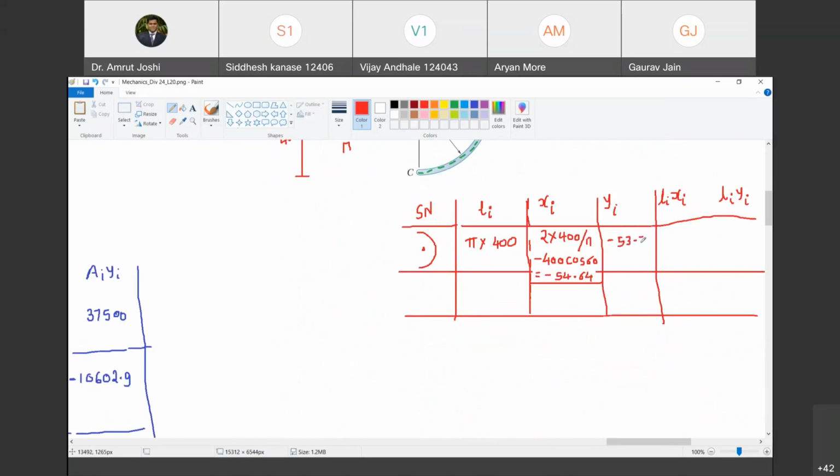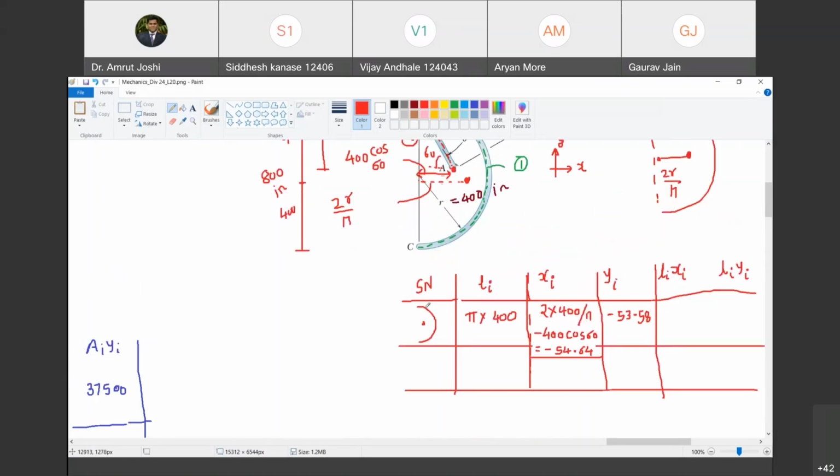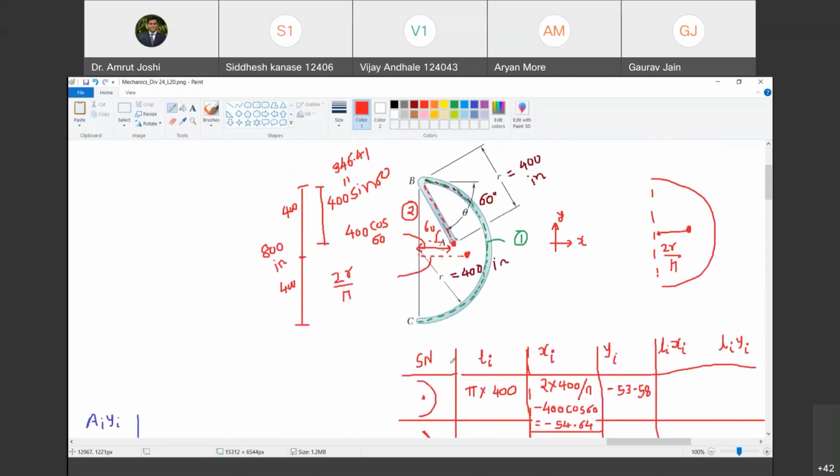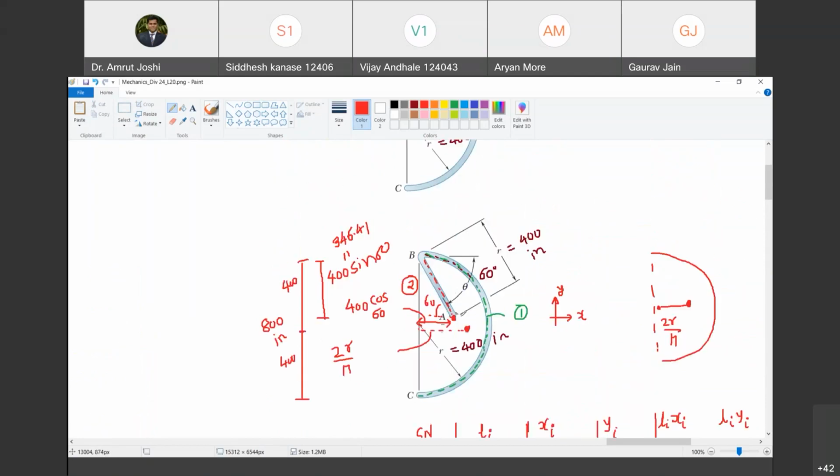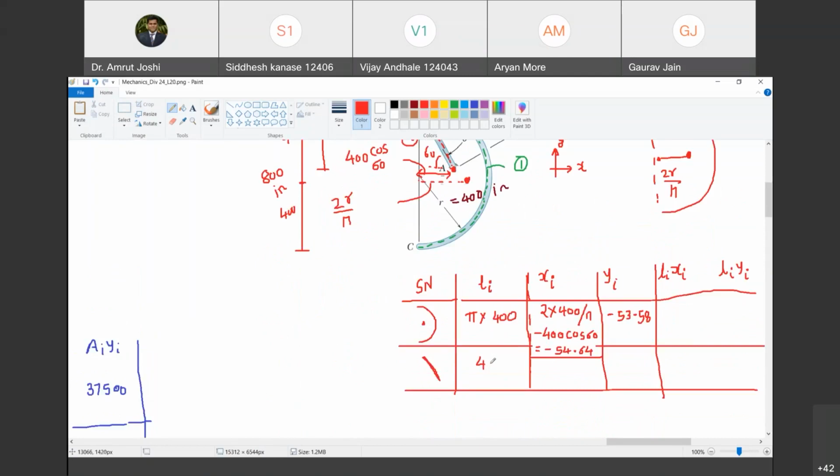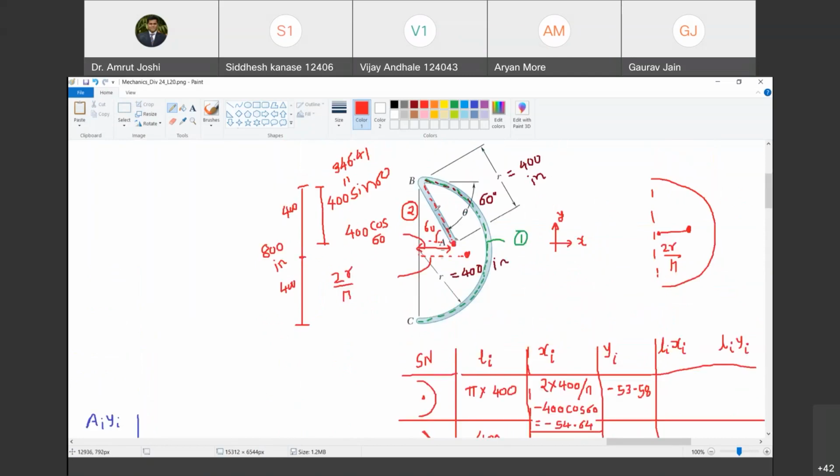Happy? Yes, sir. Now let us take a look at the next line. This length is how much? This is 400. Happy? Yes, sir. Where does its centroid lie? The centroid of this 400 length, that is B to A, lies exactly halfway in between. So this must be 200. Do you agree?